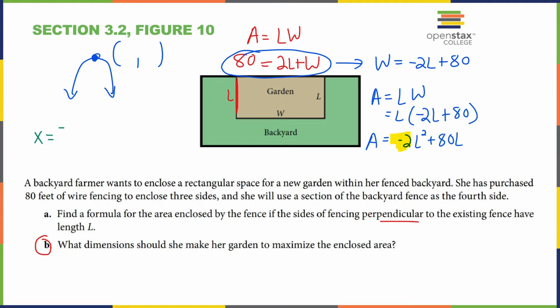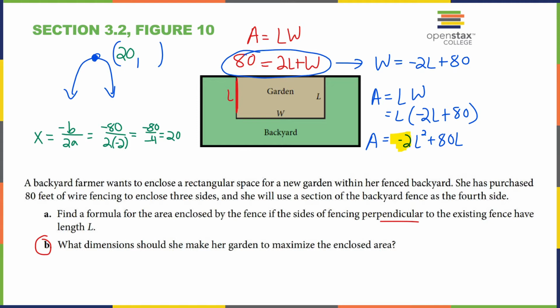X equals negative b over 2a. In this case, my b is 80, so I have negative 80 over 2 times my a, which is negative 2. This gives me negative 80 over negative 4, which is going to give me really 20. So what happens here is I know my area is going to be maximized when my length is 20.